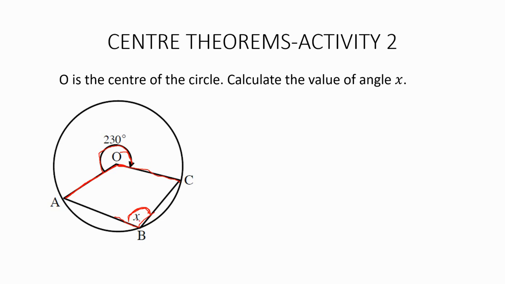So what will be angle X? It's going to be X equals 115 degrees. Reason: angle at the center is equal to 2 times the angle at the circumference. Okay, that's the reason there.